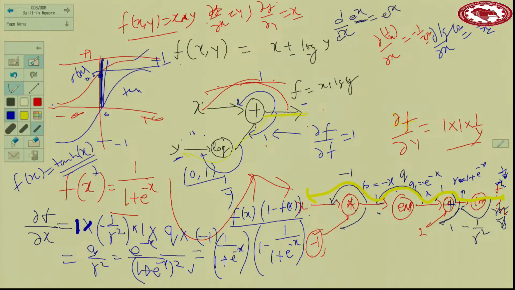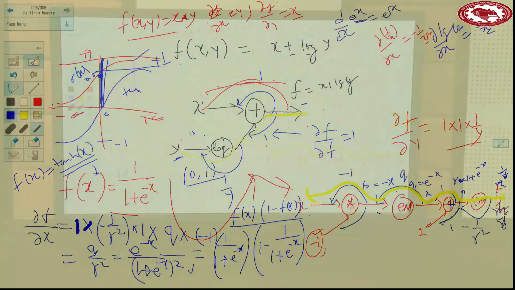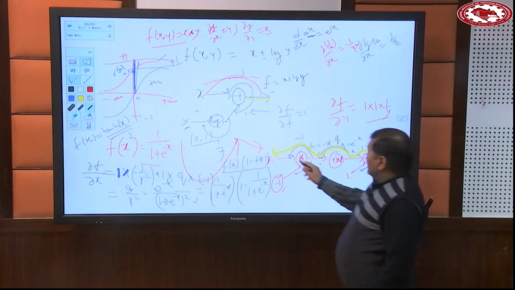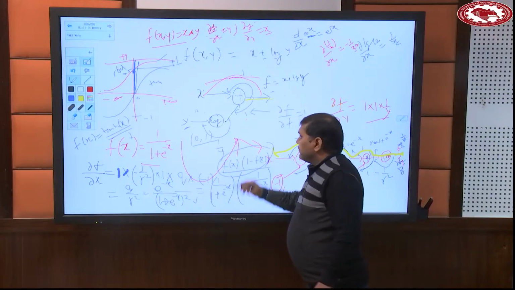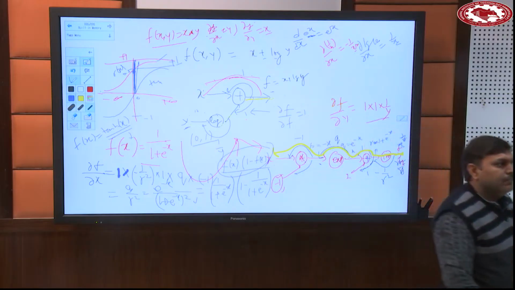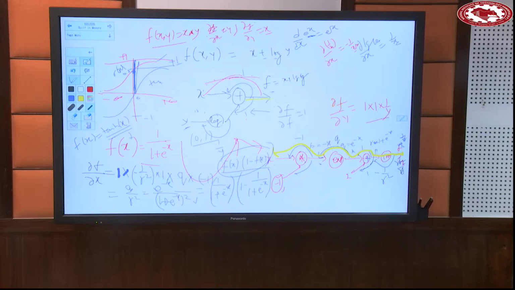Likewise, you can compute it. Because this function is f(x) into 1 minus f(x), if f(x) is smaller, 1 minus f(x) is going to be higher. If 1 minus f(x) is larger, f(x) is going to be smaller. So what will be the maximum value of the gradient? The maximum value that you can get from this function.